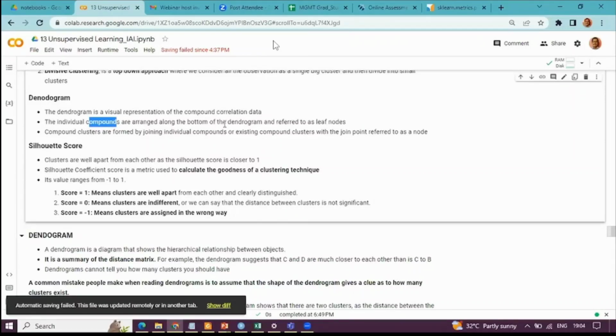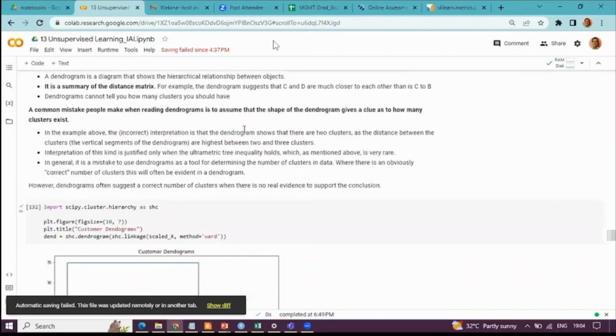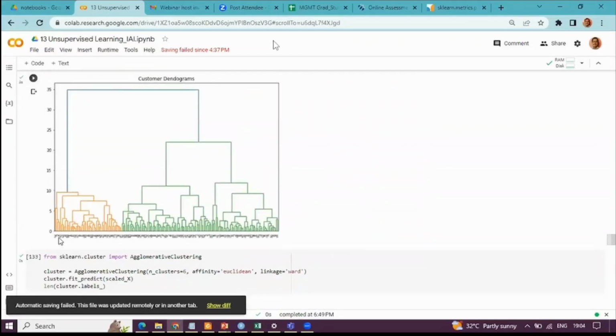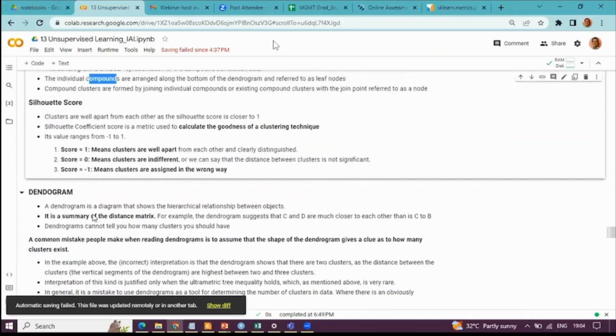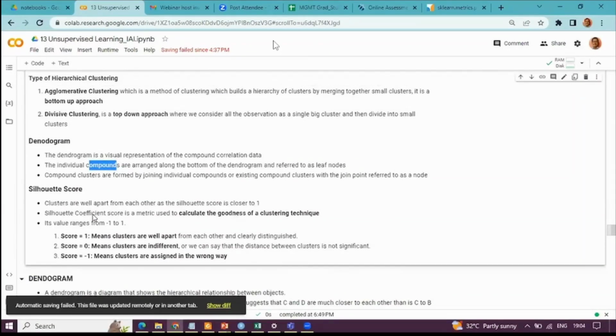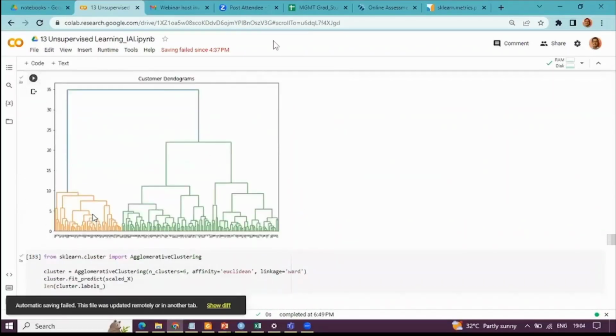You could see here, all our 167 observations are arranged at the bottom of the dendrogram, and they are typically called leaf nodes. That's the reason I referred to it as a tree. The bottom part looks like leaves.